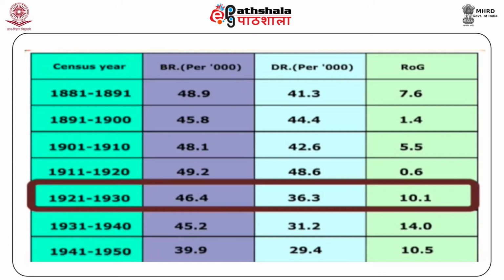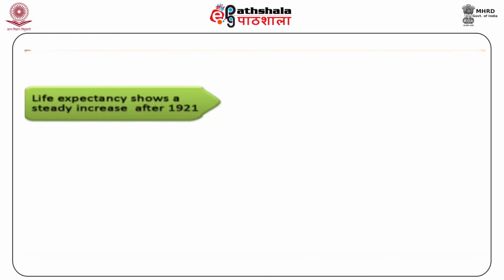Because of this, 1921 is known as a landmark year in demographic history of India, or the year of the Great Divide. Life expectancy figures are not available before 1901, but show a steady increase after 1921, from around 23 in 1921 to around 32 by independence.